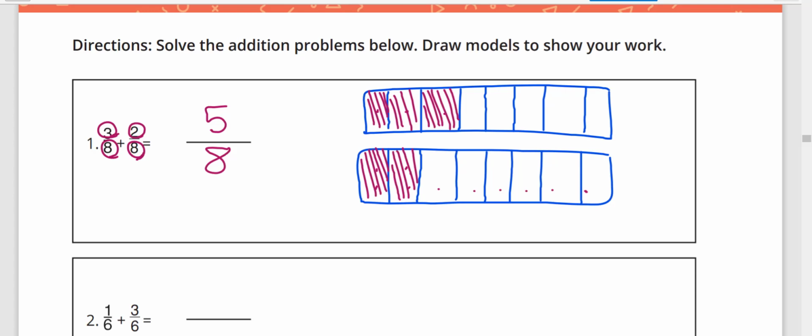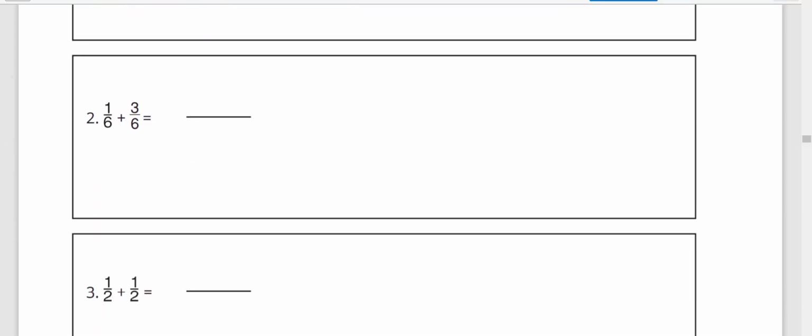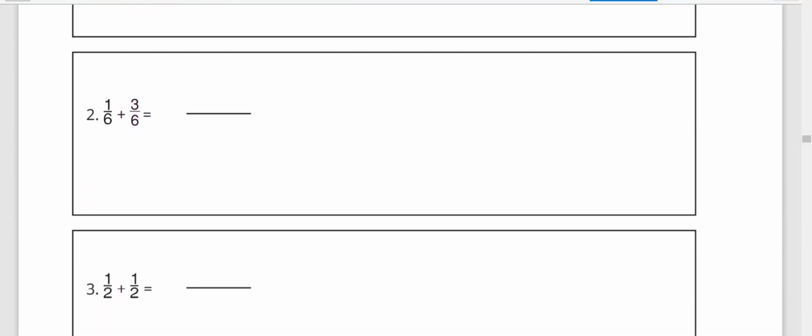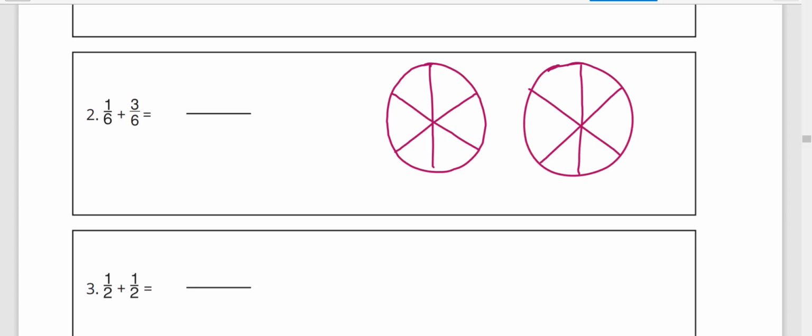Number 2, 1/6 plus 3/6. First, draw the two models and shade one part in this model and shade 3 parts in this model.